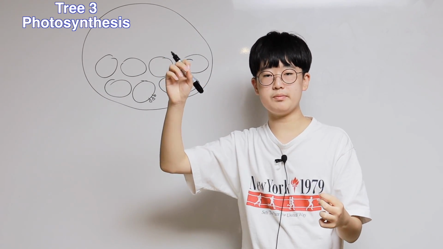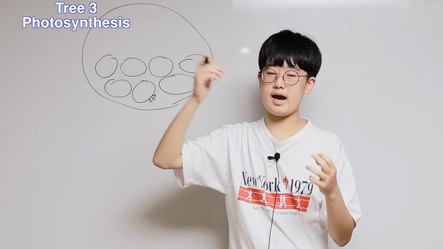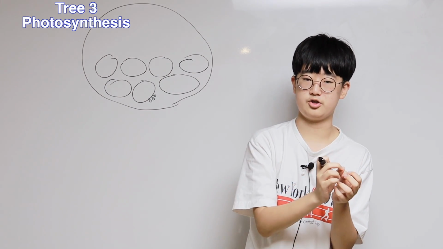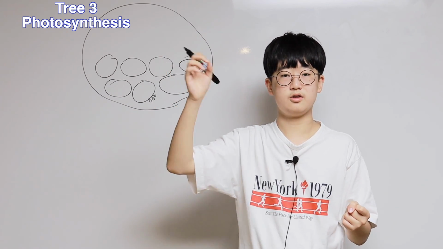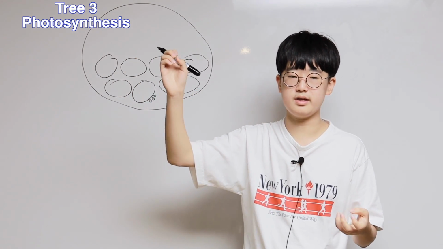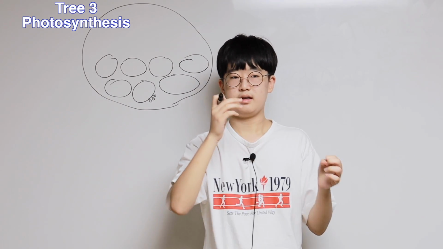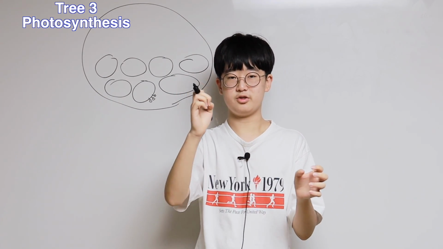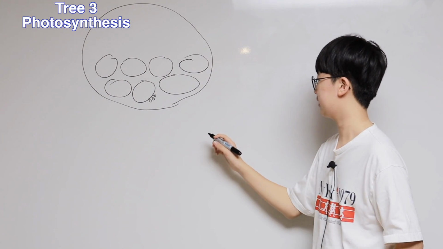Most of the time when an atom is hit by light, the electron jumps up and normally loses that energy quickly, and then comes back into its original spot. But in this case, that electron is transported into an electron transport chain, which is a bit like this.